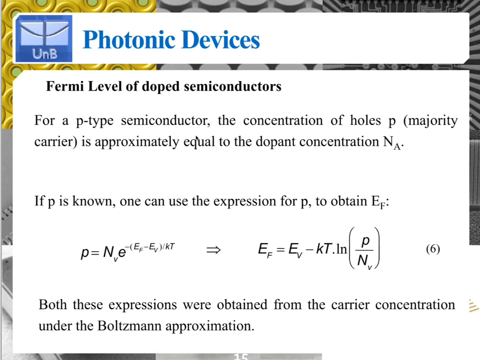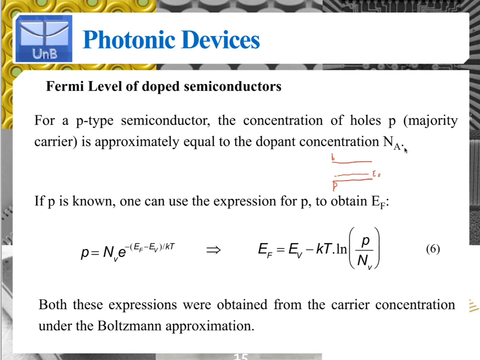For a p-type semiconductor, the idea is similar. The concentration of holes, which are the majority carriers here, is approximately equal to the dopant concentration Na. So in the picture that we've seen before, for a p-type semiconductor, the Fermi level is way down here, and you have a carrier concentration for holes which is much larger than the carrier concentration for electrons, because these holes have been introduced on purpose in the valence band by doping the semiconductor with acceptor impurities.